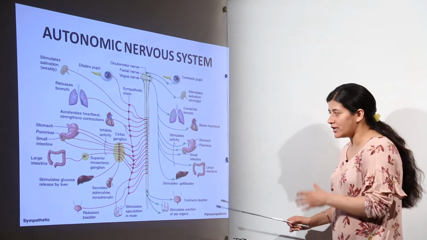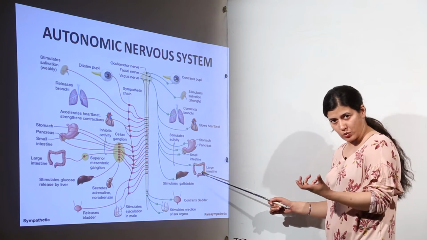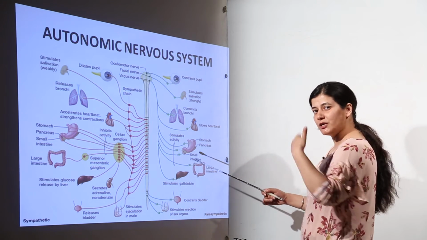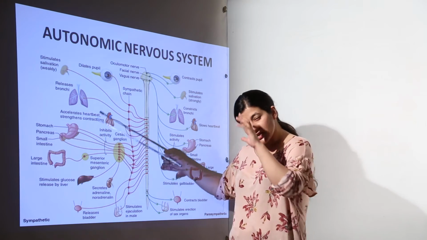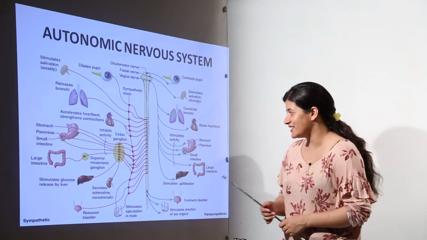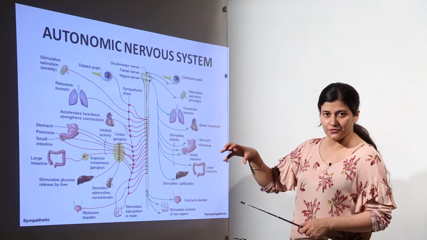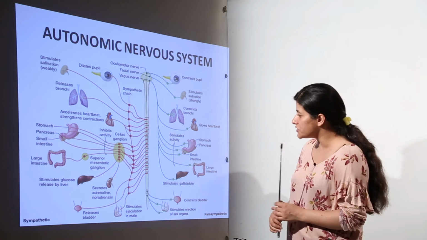So if supposedly you have eaten lots and lots of food, the parasympathetic system would come and work. Once that food has been digested and passed further into your gut, the sympathetic system would come and bring the secretion of the digestive system back to the normal condition.